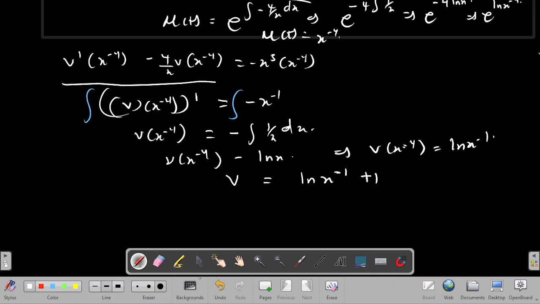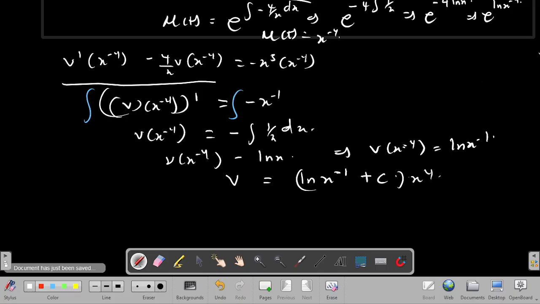Here, I'm trying to divide this whole expression through by x to the power negative 4, so it becomes x to the power 4 multiplying this expression.